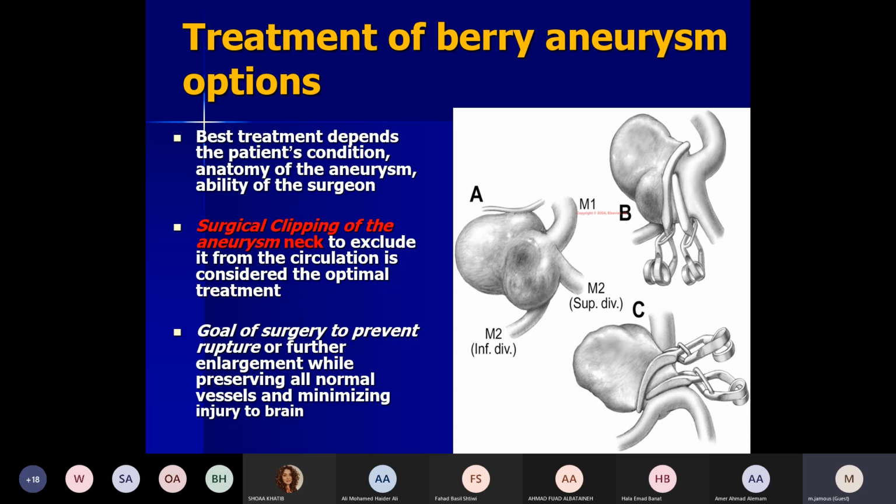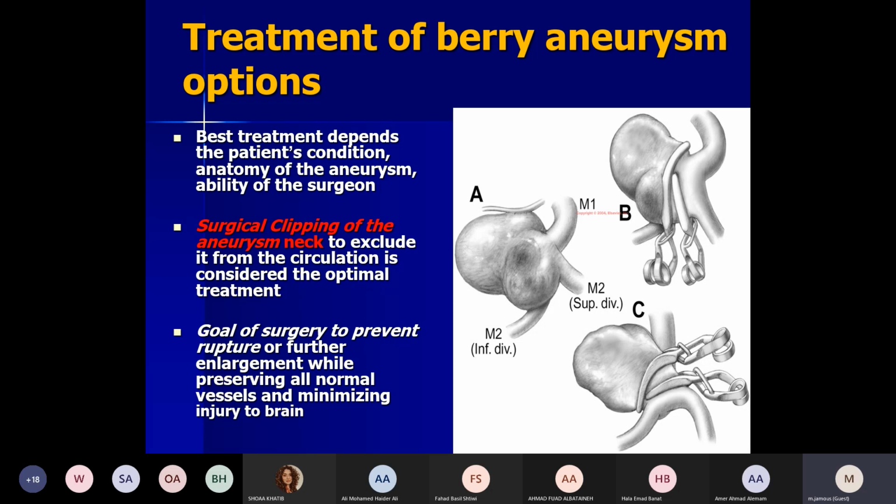So we start with the treatment of the aneurysm by surgical clipping. The main aim of surgery is to insert a clip at the neck to avoid blood from entering the sac of the aneurysm and to prevent bleeding or rebleeding from the sac.